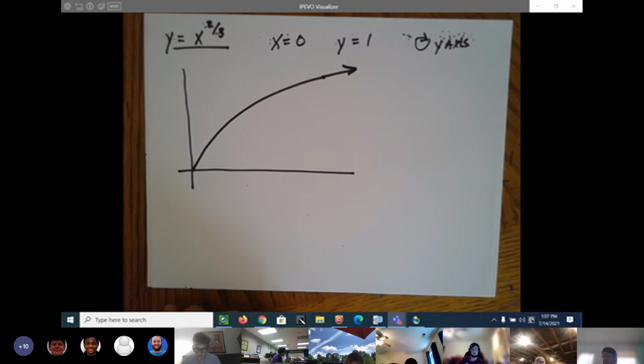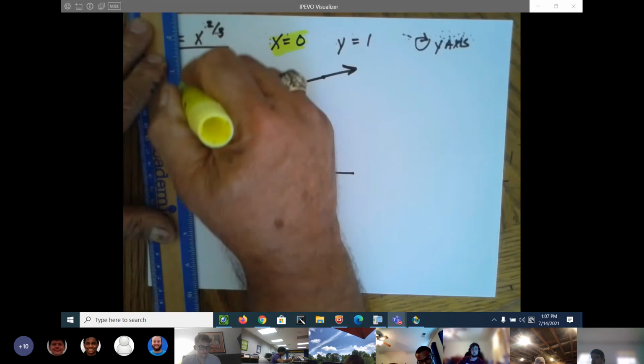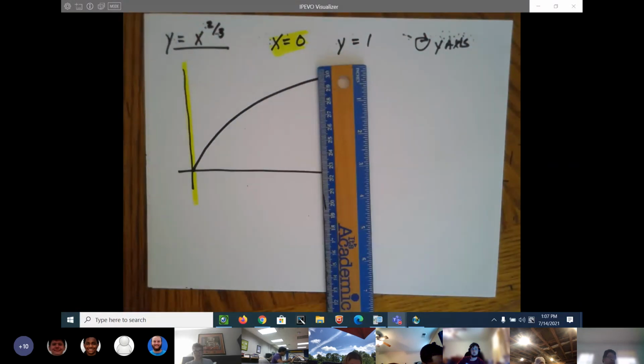The x-axis? Not the x-axis, but the y-axis, sorry. So here's x equals 0. And what's y equals 1? A horizontal line at 1, yes.